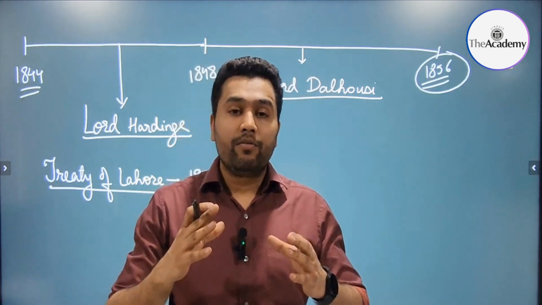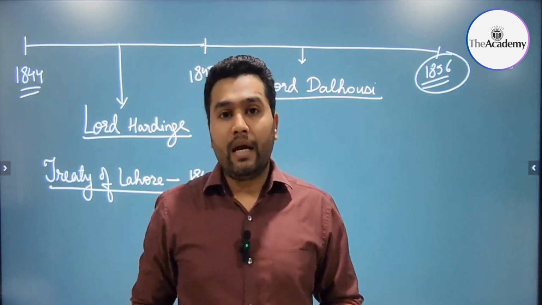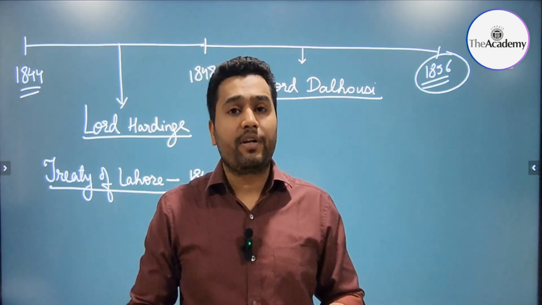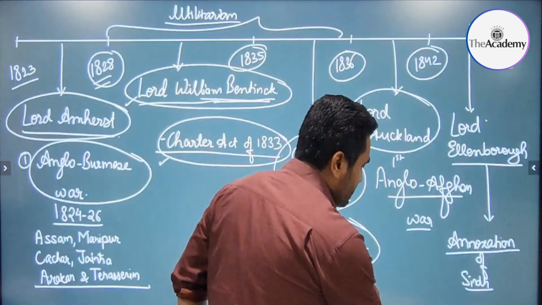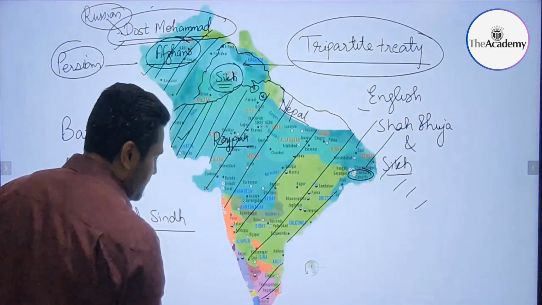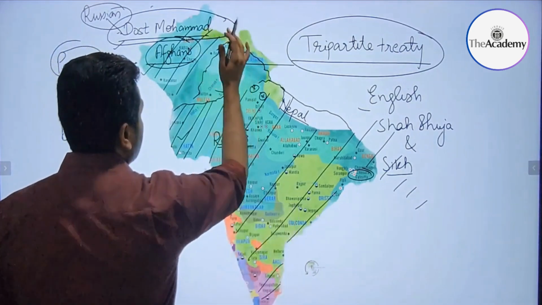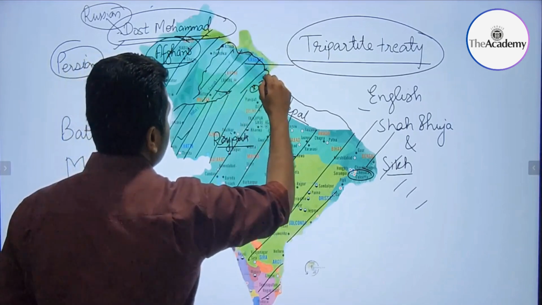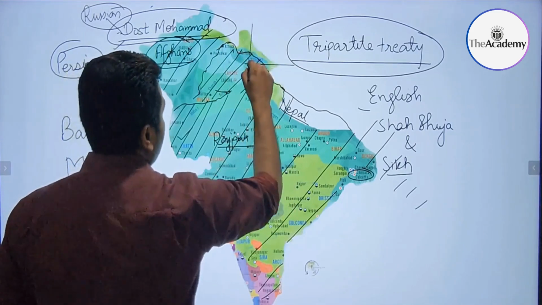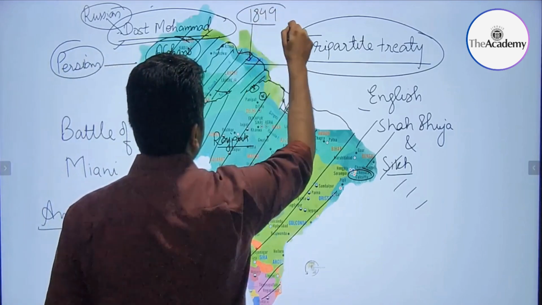And this formed the basis towards the Second Anglo-Sikh War. In this war in 1849, the Khalsa army was defeated, and following this the British extended their territory and annexed the entire Punjab region in 1849.